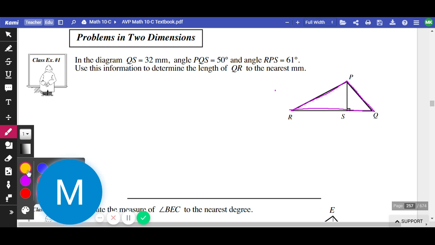The other triangles in here: if you went from P to R to S, you would create that yellow triangle. That yellow triangle is a 90. They've labeled the 90 down here, so it's 90 degrees. The third triangle is this little guy right here.